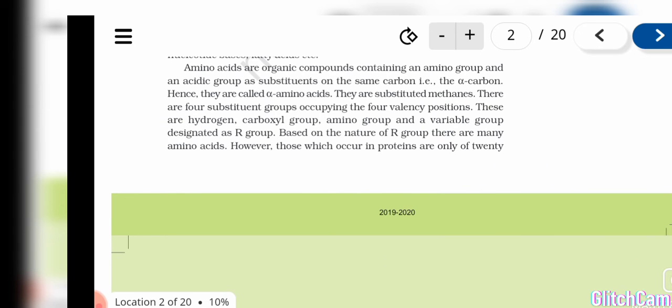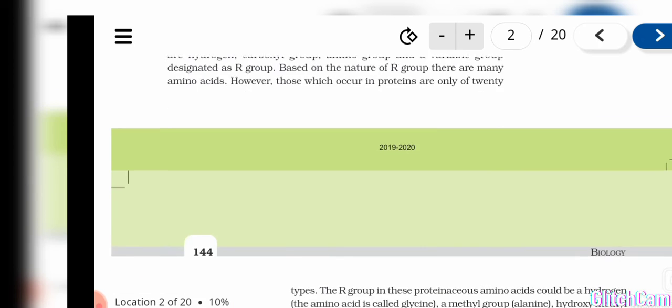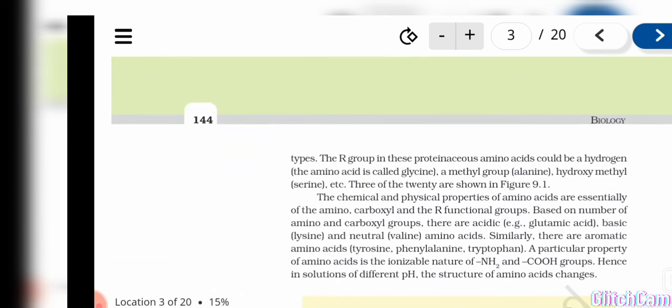Just like with the 26 letters of the English alphabet, we can make a number of words, isn't it? And words can be used for making sentences. So in the same way, amino acids are only 20, and by their different combinations, there are different types of proteins.